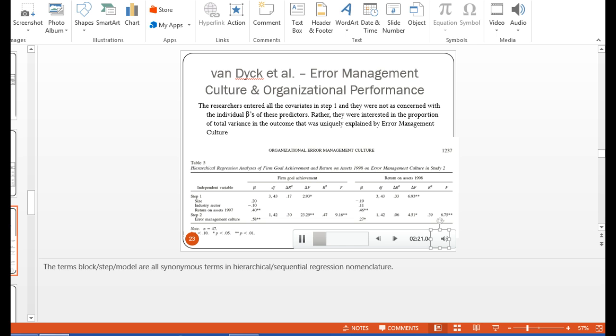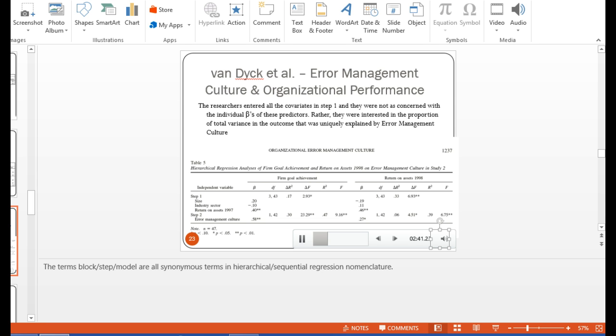Okay, so for this study, the authors were looking at error management culture and org performance. And error management culture is simply fostering an environment in a workplace in which errors are freely discussed and communicated, they're planned for, and when they happen, they're dealt with quickly and efficiently.